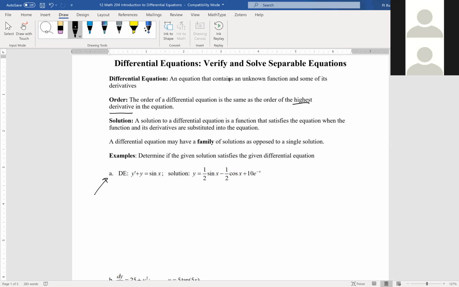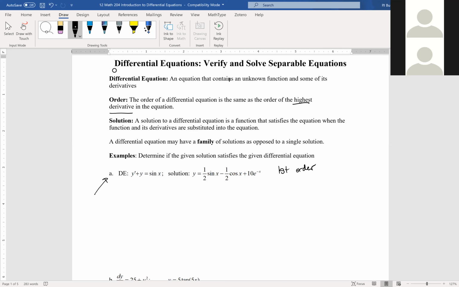So that would be a first order differential equation. We can further describe them as linear or nonlinear, but for this class, the content will be just linear differential equations, so we don't have to worry about that.